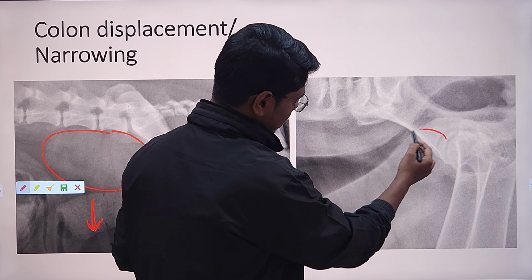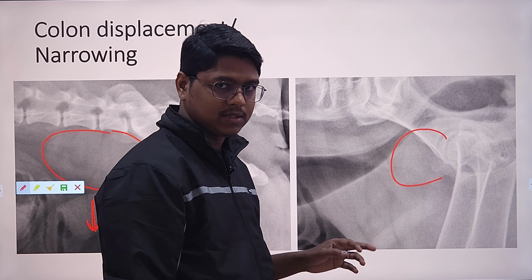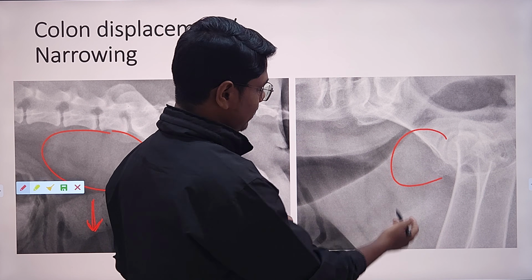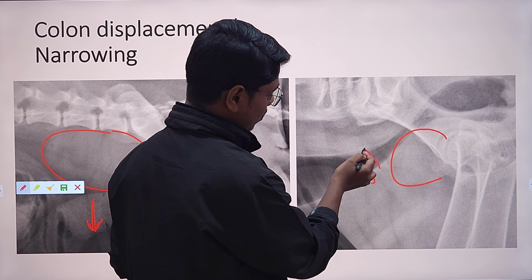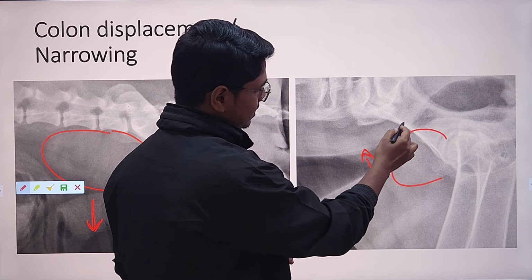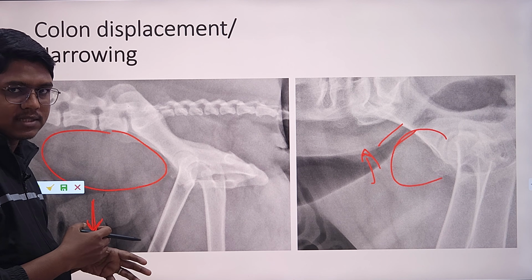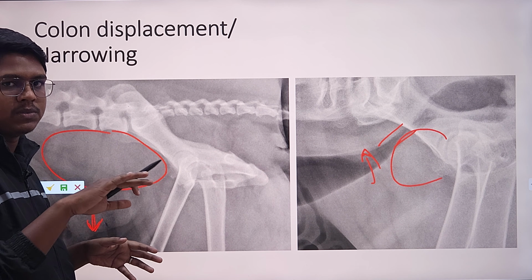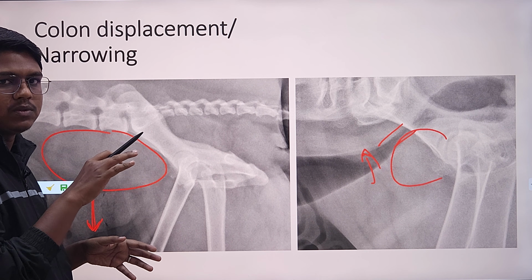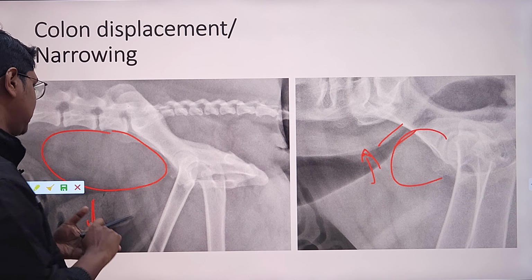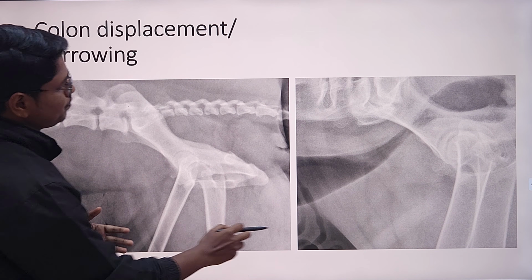Here is the enlargement. This is prostatic enlargement. When the prostate is enlarged, the colon will be pushed to the dorsal side and there is also narrowing. So when nearby structures are enlarged, they can cause displacement of the colon, and there will also be narrowing, resulting in difficulty in passing stools.